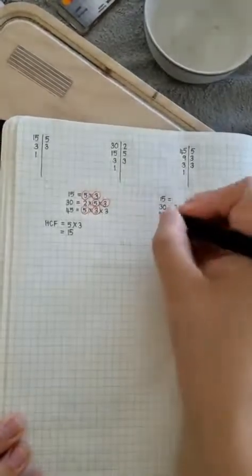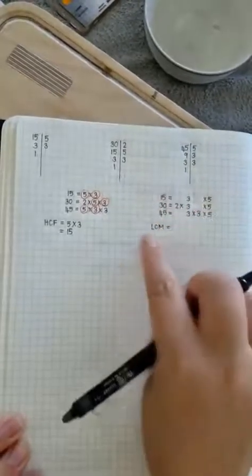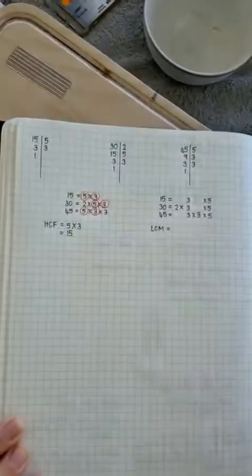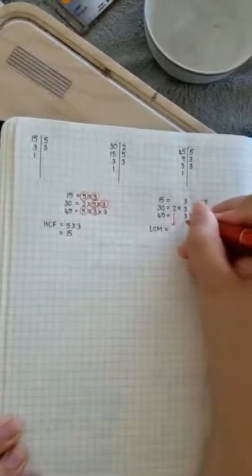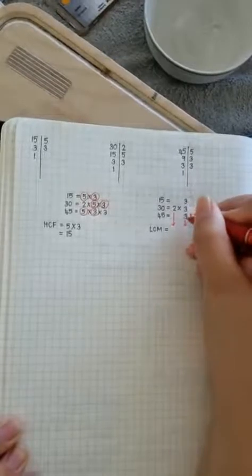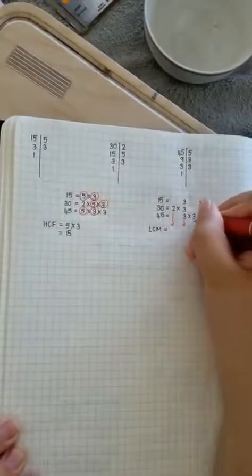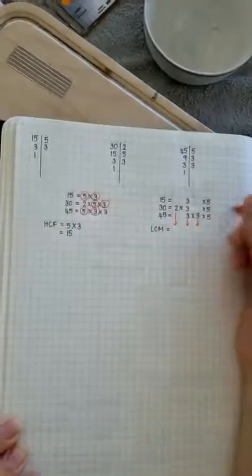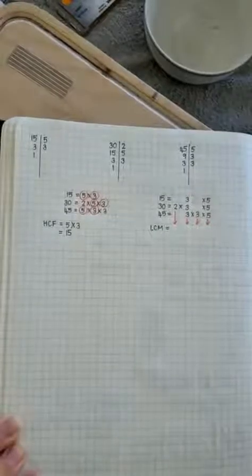Now for the LCM, I'm going to write here, LCM is equal to, and it's good if you also write it in line with those numbers, because now you can just do your arrows. The 2 we're going to bring down. These 3 3s we're going to bring down once because they appear in all 3 numbers. That single 3 we're going to bring down, and then these 3 5s we're going to bring down once again.